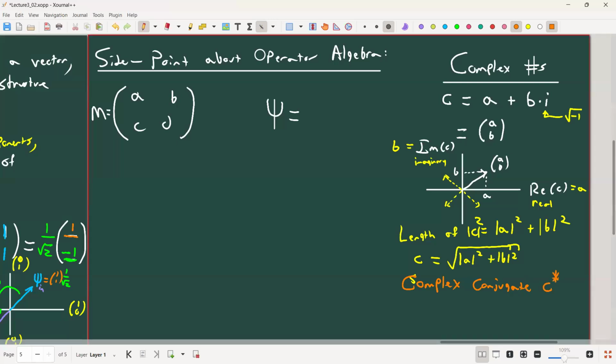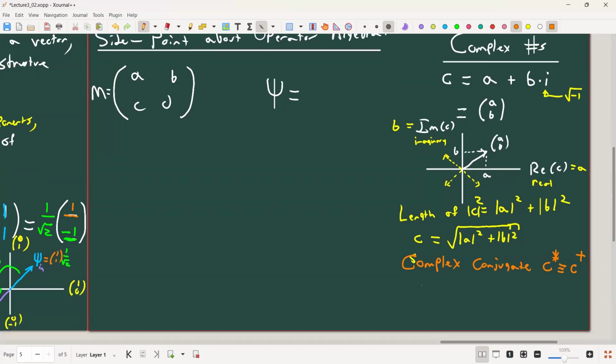We write either C star, or sometimes I'll write it as C with a little dagger on top of it. And C star is just A minus BI. So we take the I and we flip it negative. That's all that we do. So now it's the negative square root of -1.